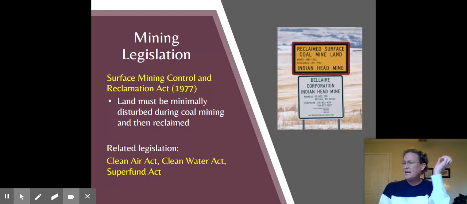For 69 days, between August and October, 33 men were trapped in a mine in Chile. This is recent. Luckily, they were all rescued, but it was just a horrible disaster.